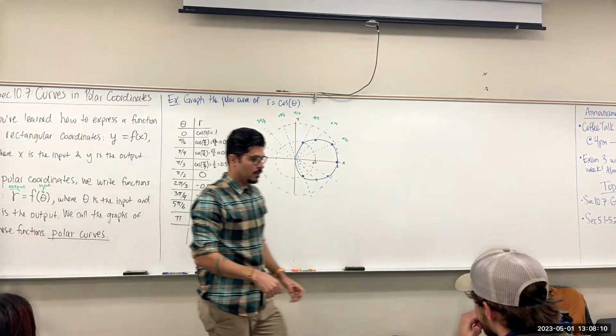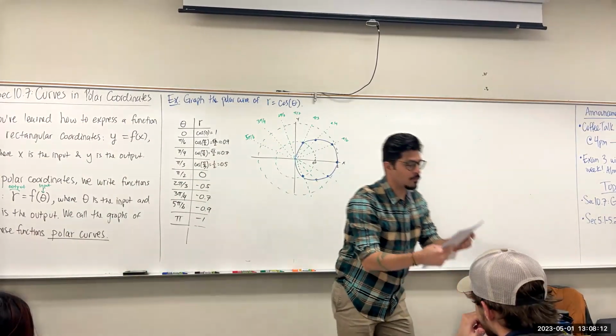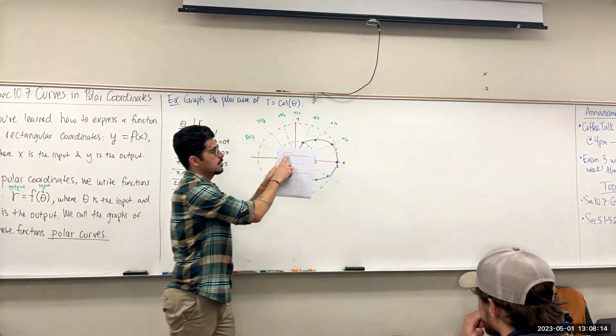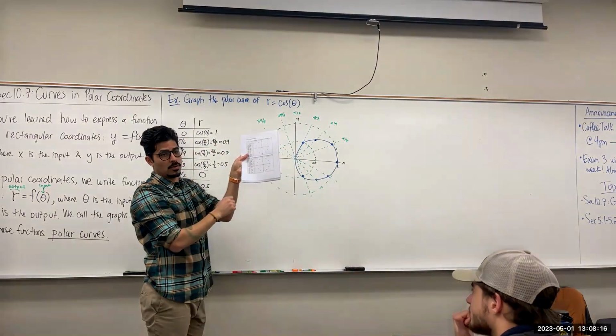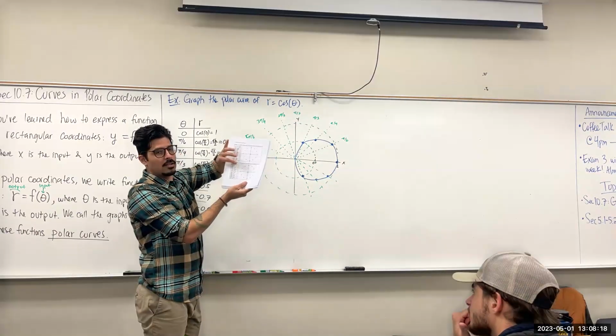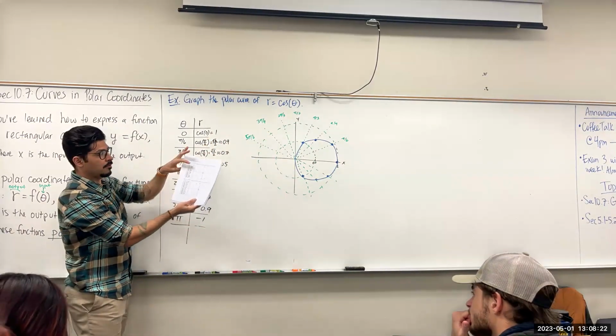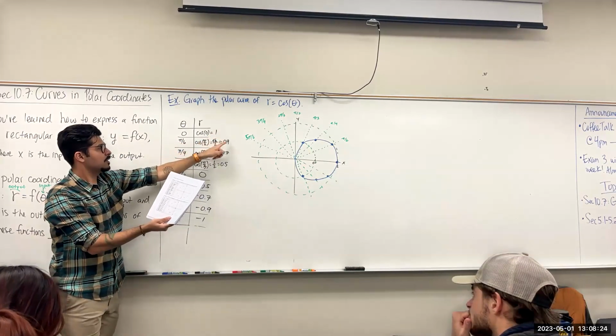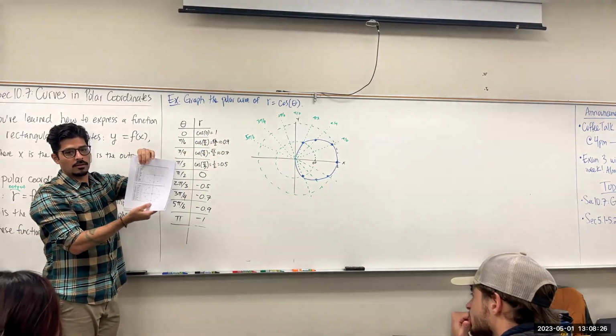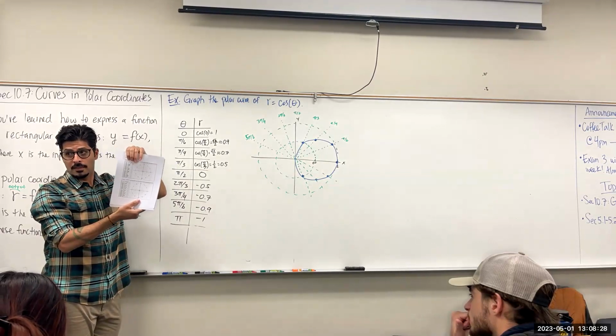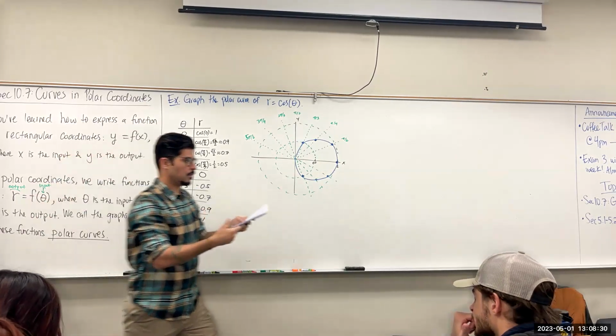So what I have is 2 polar functions, and you're going to graph their corresponding polar curves. I already did all this for you. The values that you see here are just the way we did this, but with different functions. All I want you guys to do is plot them and try to predict what the polar curve is going to look like.